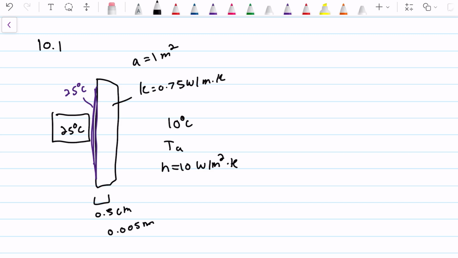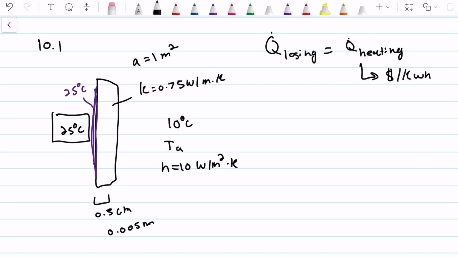Okay, so let's see. If they want the cost, we're going to need to know how much heat we're losing, because to maintain the temperature, the heat you're losing you're going to want to make equal to whatever you're heating it up with. And then, after we get this, we can just convert using the dollar per kilowatt hour.